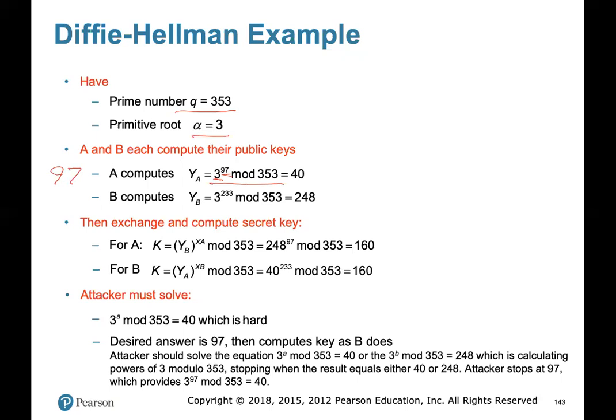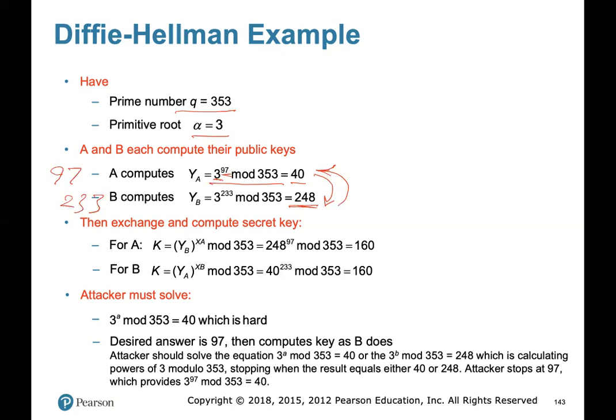Bob picks 233 and calculates 3 to the power of 233 mod 353. This is the number that Alice sends to Bob, and this is the number that Bob sends to Alice. So they exchange these two numbers, and this can be sent as plain text. From the security standpoint, it is okay if the attacker accesses these numbers.